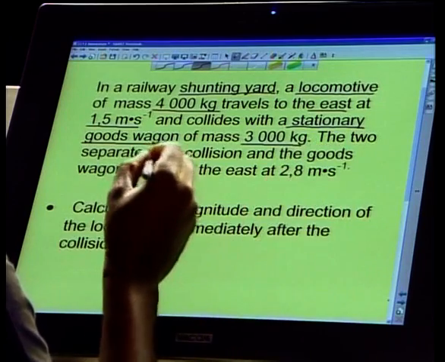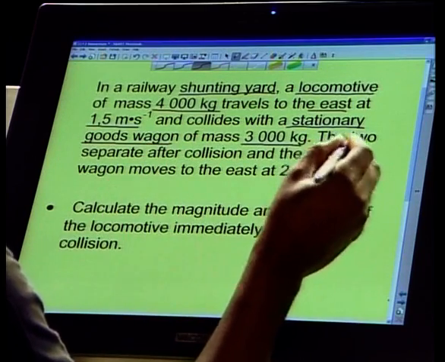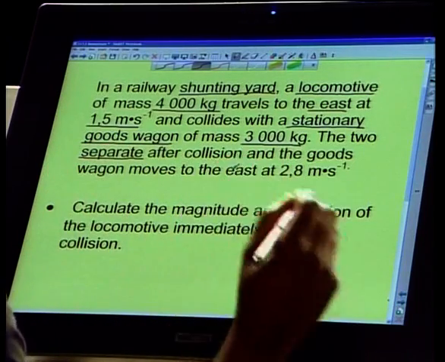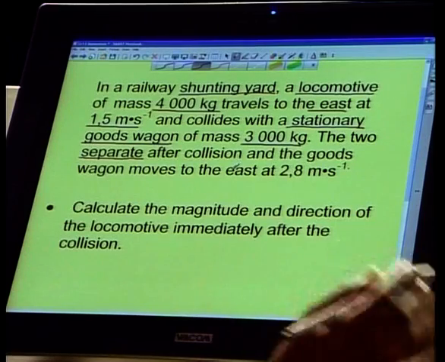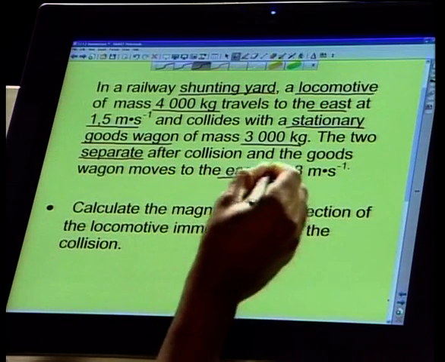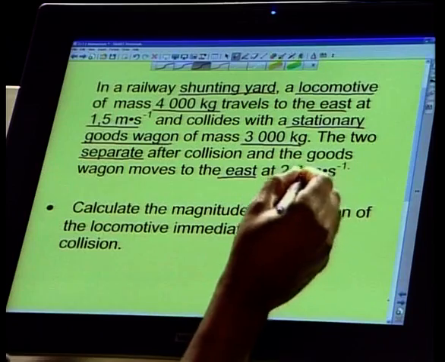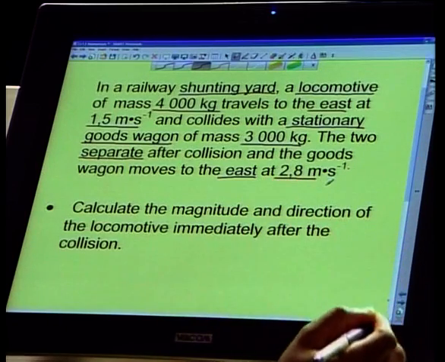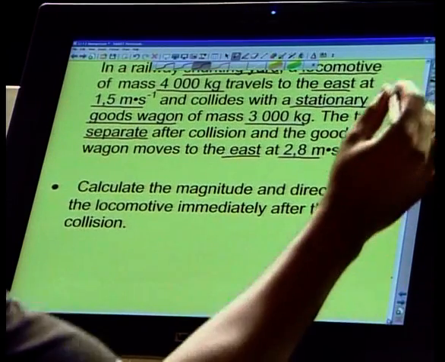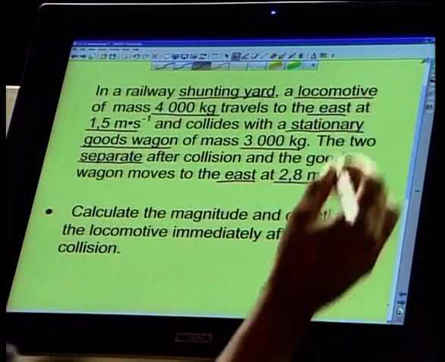The two separate after collision. You see now, the two separate after collision. So that's one of the key words here. And the goods wagon moves to the east at 2.8 meters per second. Okay? Now let's write some of the given information here.